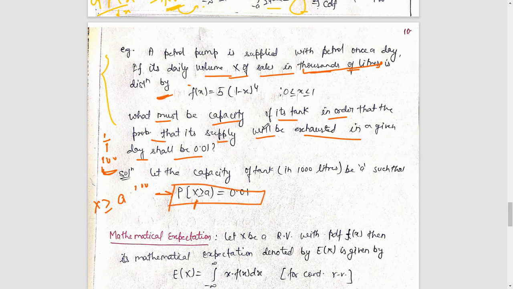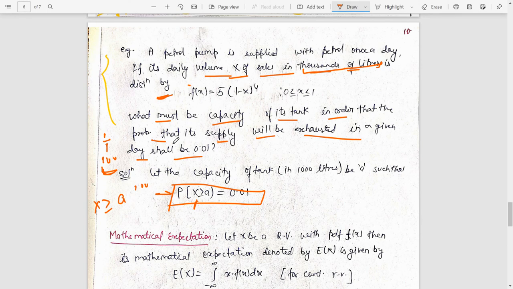It is given that the capacity of the tank is such that the probability that its supply will be exhausted is 0.01. Say the supply is A, and exhausted means ended. It will end only when the sales are greater than or equal to A. It can obviously take values greater than A, that's not a problem. They are saying this particular probability will be 0.01.